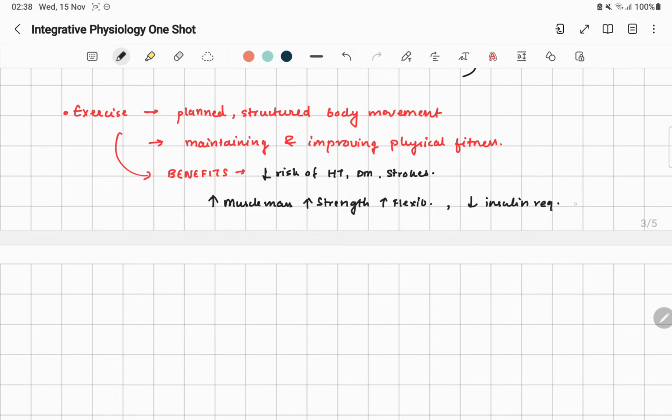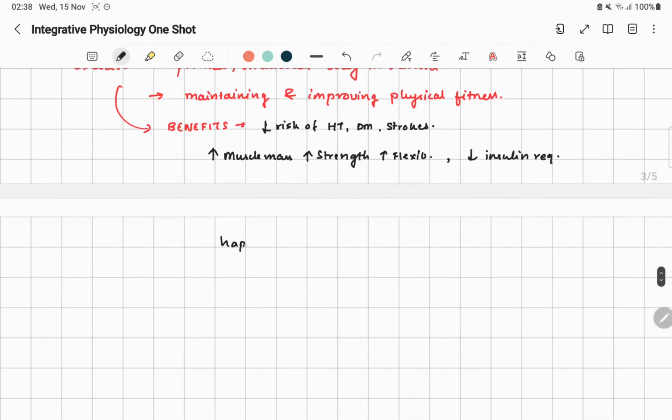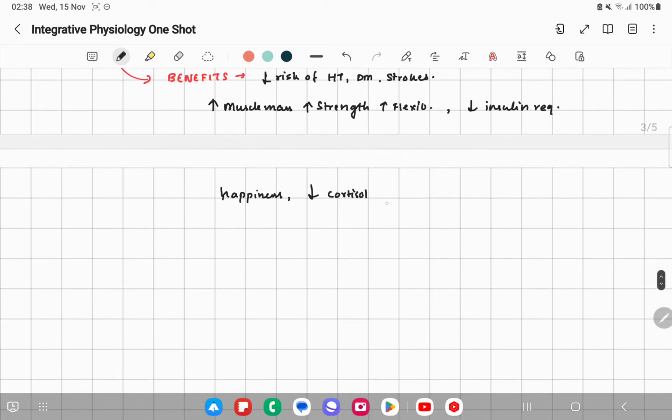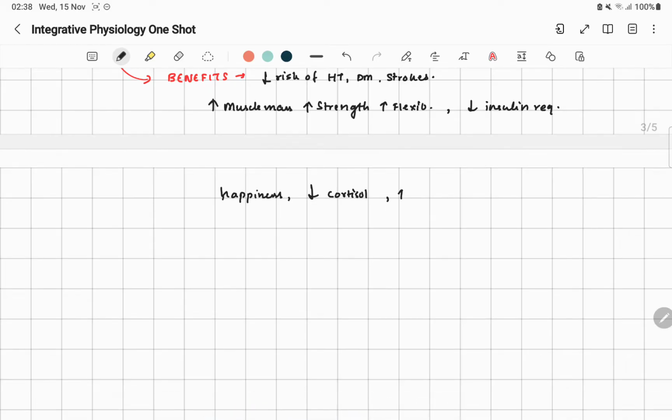You will feel happiness on doing exercises. Stress is decreased: cortisol is the stress hormone, so it will decrease cortisol levels. It also increases slow wave sleep and sleep quality.